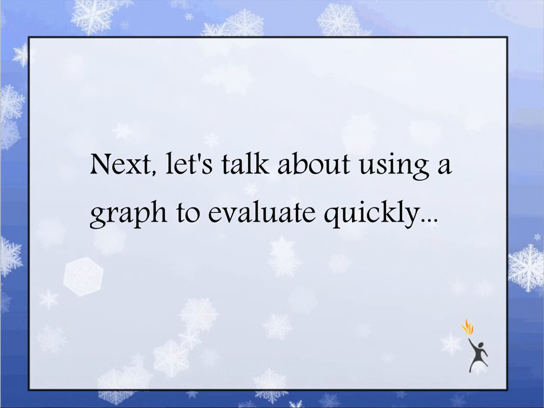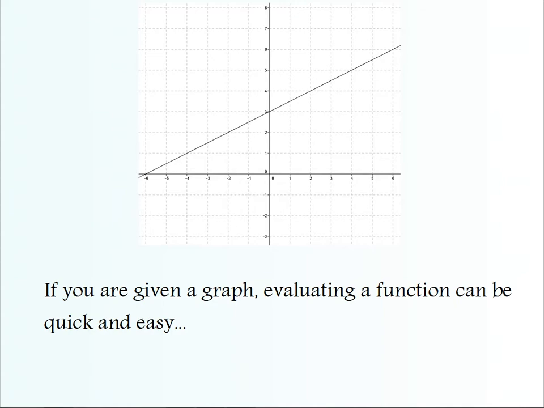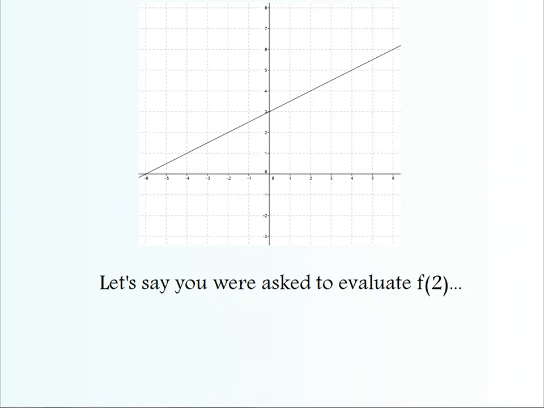Next, let's talk about using a graph to evaluate a function very quickly. So if I have a graph and I'm asked to evaluate a function at a certain number, this can be faster and easier than anything I've done before. Let's say, for instance, that we were asked to evaluate f of 2. Remember that that 2 is an x value.